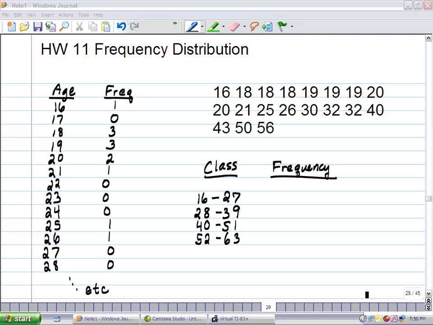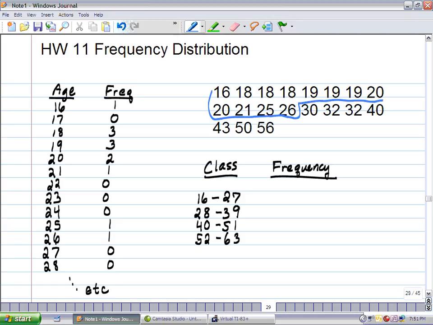Frequency, first of all, how many people are there that are 16 to 27? All of these are in the first class. 1, 2, 3, 4, 6, 7, 8, 9, 10, 11, 12. How many are in the next class? These 3 are in the next class.